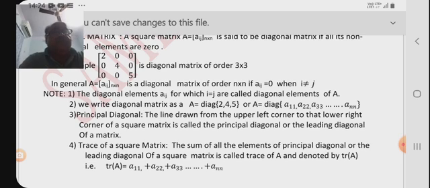So 11, 22, 33 are the elements of principal diagonal or leading diagonal of a matrix. Or we draw a line which coincides with elements 2, 4, 5, which is known as principal diagonal or leading diagonal of a matrix.